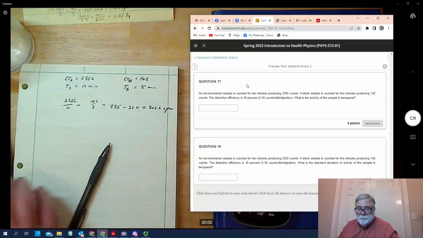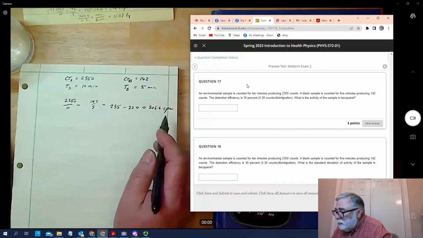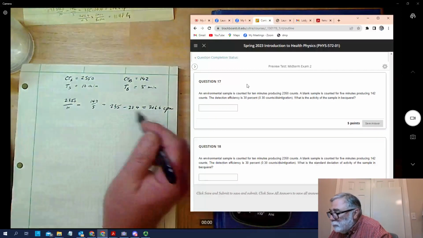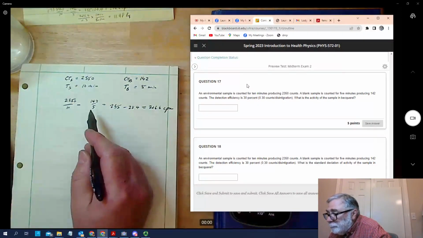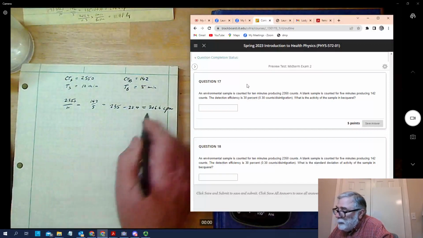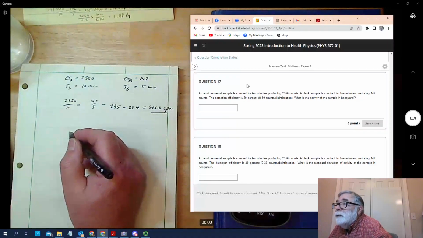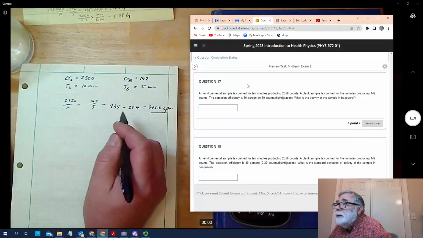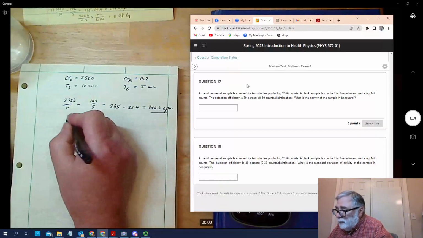So that's what the net count rate is. Now for 17, we want to know not the counts per minute, we want to know what the activity is.